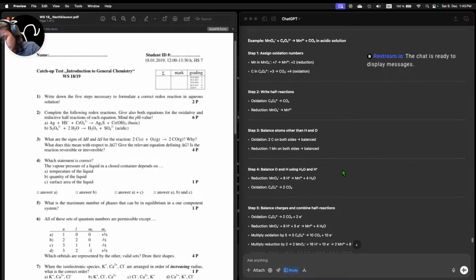Now, step 4: balance the H with H plus, or OH minus. This is for acidic, basic, and O with H2O.